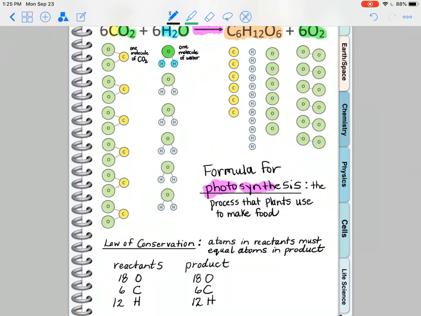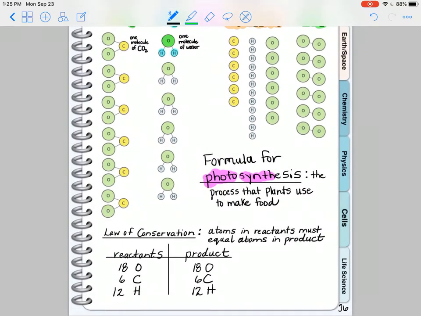Even though there has been a reaction, and we have a completely new substance at the end, the atoms do not change. There are 18 oxygens, 6 carbons, and 12 hydrogens in both sides of the equation. This is a very good thing. That is the law of conservation. And we say that this is balanced because all of those check out. They match up. So this equation is balanced.